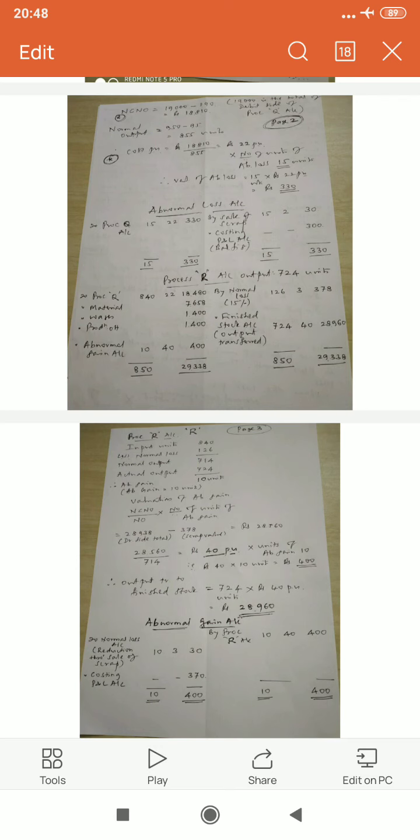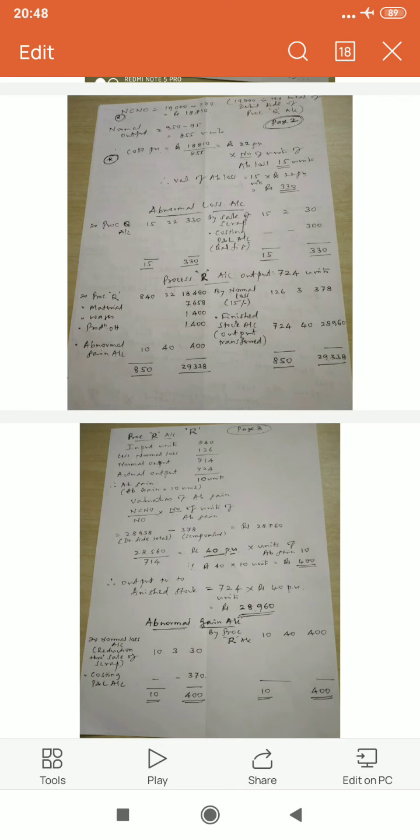It should be calculated at the rate of rupees 40. How 40? Just now we have ascertained cost per unit of abnormal gain. The same rate should be applied. Therefore, 724 units at the rate of rupees 40 per unit, it works out to 28,960. Simply you sum up the debit and credit side of process R account.